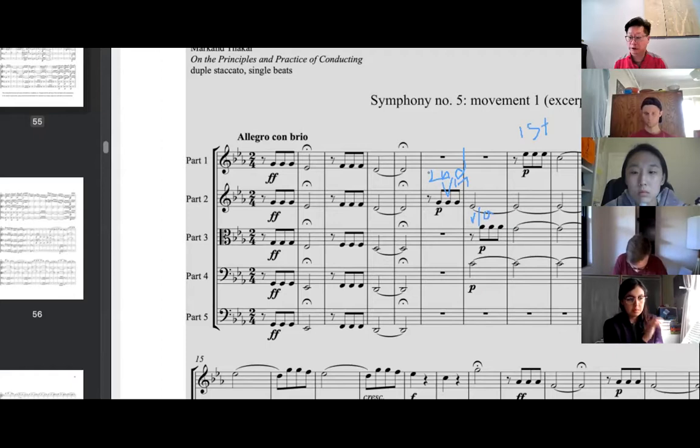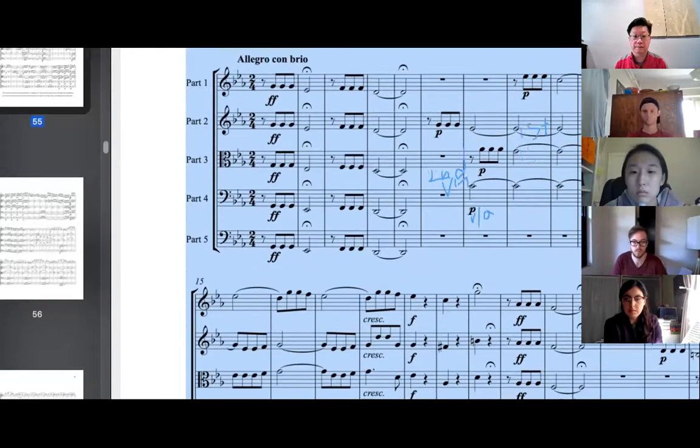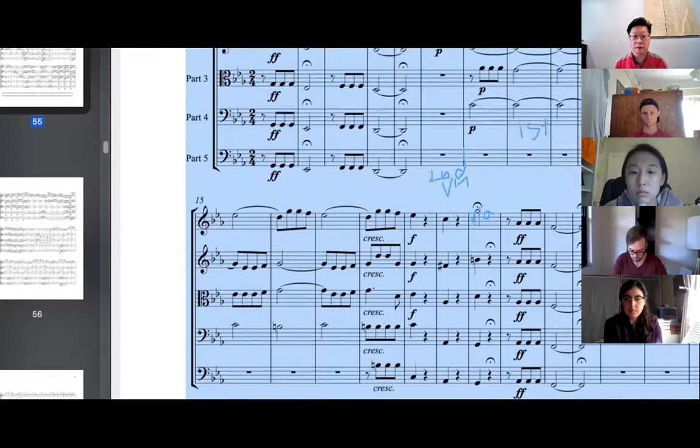Okay, and then the second viola, first. Then let's just go to the first entry of everybody else. And then when everybody comes in here, that of course is cellos and basses. But that's clear, right? Okay.